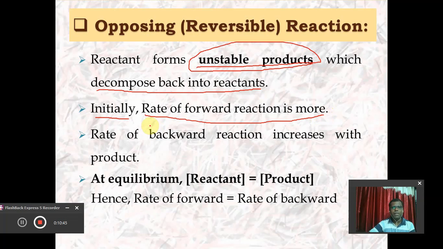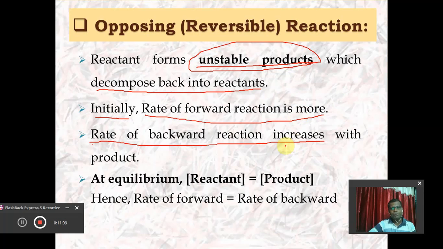Initially, whenever we start the reaction, the rate of forward reaction is more, and this rate of forward reaction decreases with time while the rate of backward reaction increases. This is very simple. Initially the rate of forward reaction is more and the rate of backward reaction is smaller. Why?